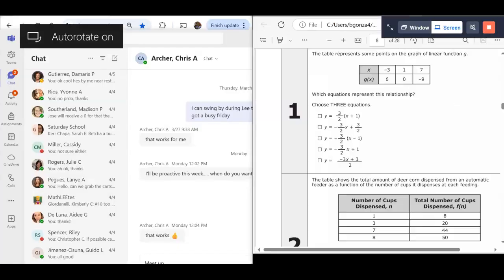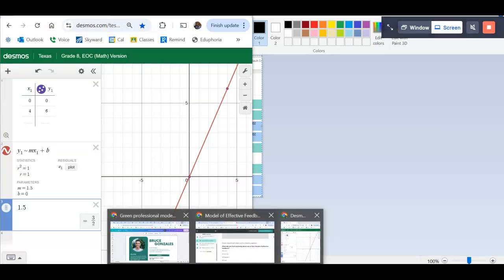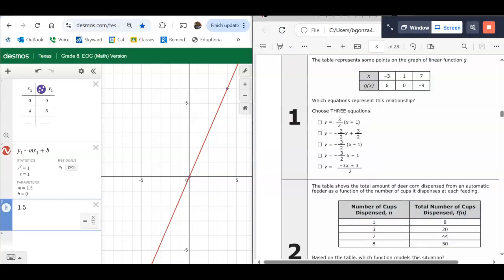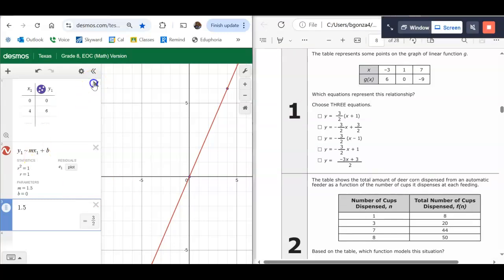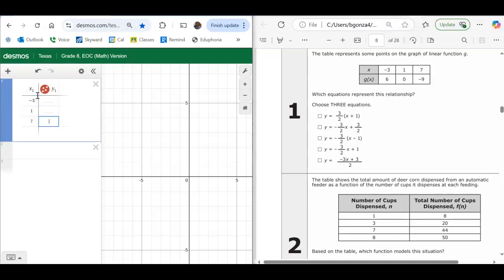And like we said, if you have a table, you can plug it into Desmos. That way you can get the equation. So here we go. Plus sign, table. The first row is your first column here. And then you have your second.